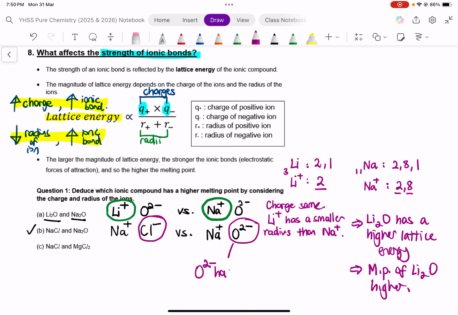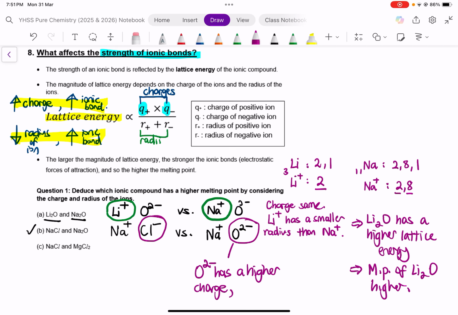So we say O2 minus has a higher charge than Cl minus. Remember, we are looking at the magnitude of the charge. Magnitude means I just look at the number, not the sign. So O2 minus has a higher charge because it's a double negative charge.